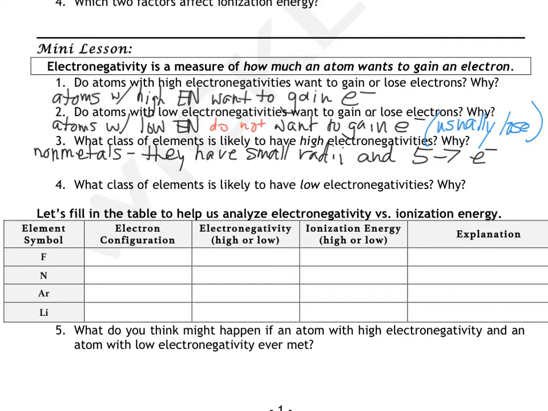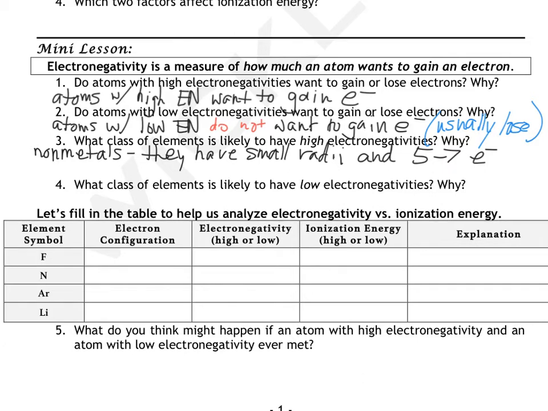Similarly, the class of elements that's likely to have low electronegativities are elements with basically the opposite properties. So elements that have large radii and just a few electrons. The large radius means it's harder for the nucleus to reach out and grab an electron, and having just a few electrons means they're more likely to lose electrons than to gain them.